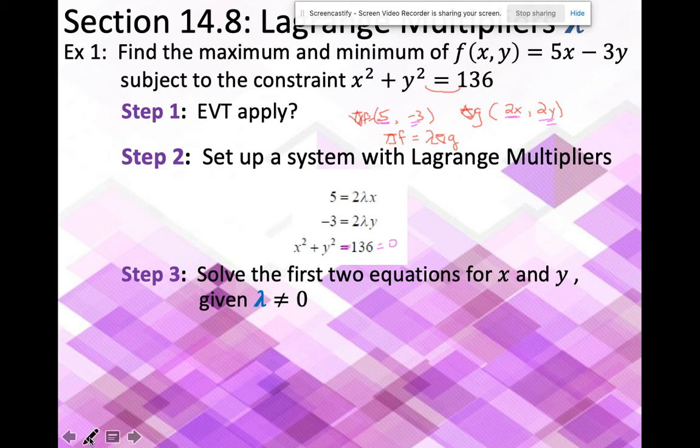Do the first two. Really just look at this one and this one. Isolate and get x and y. You're basically doing substitution. We're going to consider that lambda is not 0.